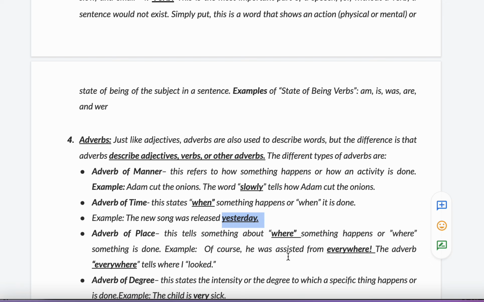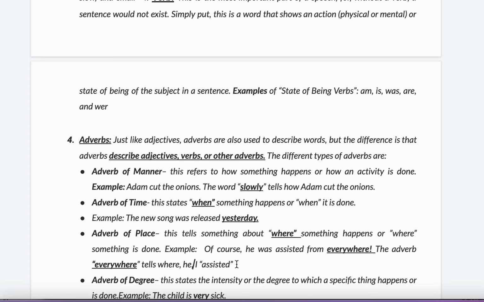Example, of course, he was assisted from everywhere. The adverb everywhere tells where he was assisted. We can say he or I assisted.